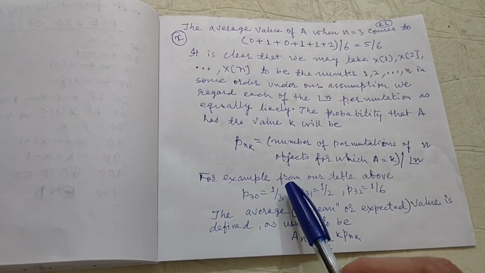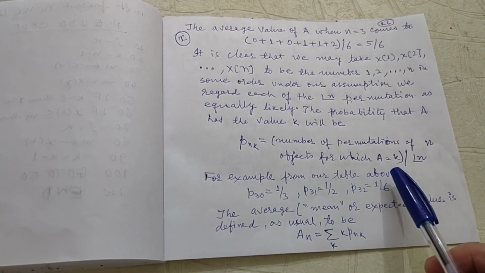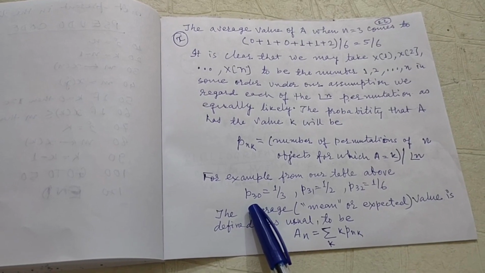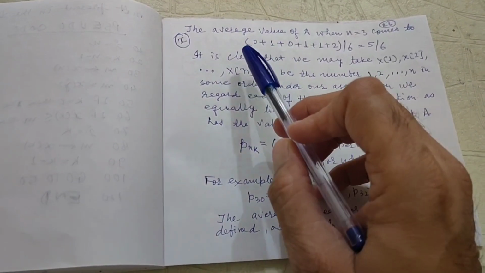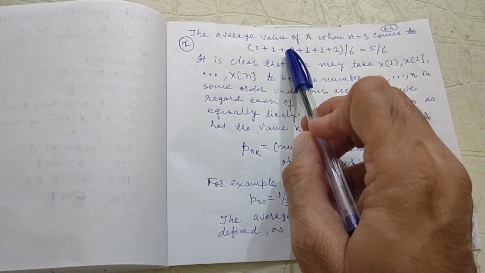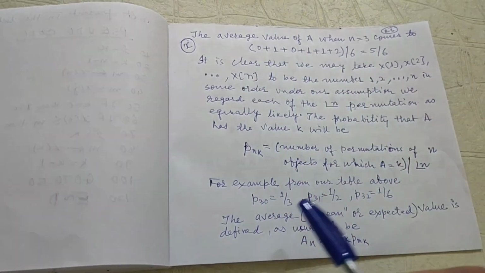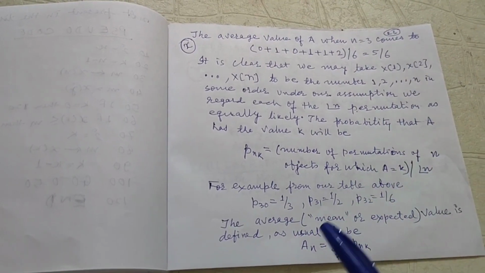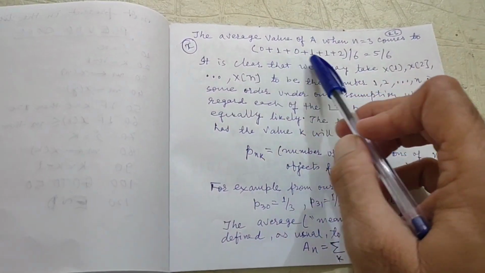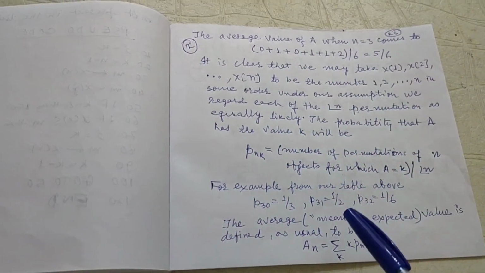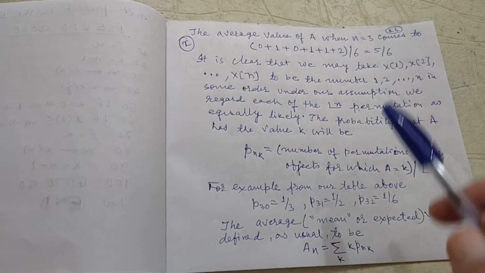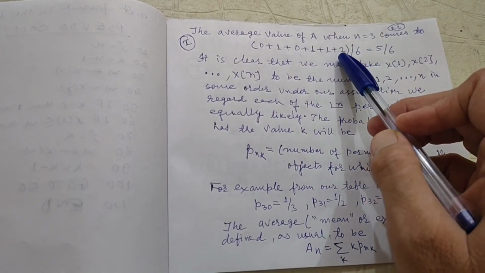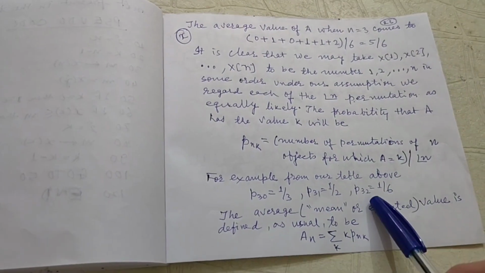For example, from our table above, P30 is 2 upon 6, which is 1 upon 3. P31 is 3 upon 6, 1 upon 2. P32 is 1 upon 6.